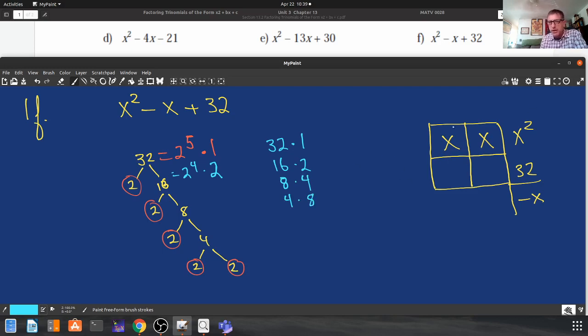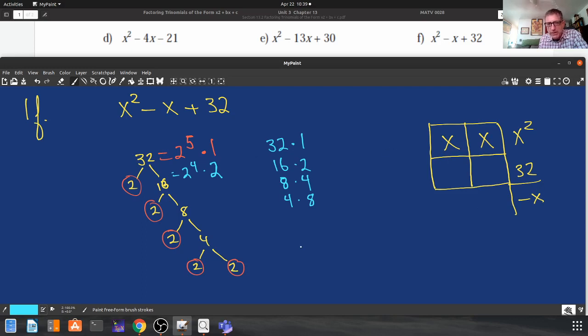So let's go back over here and let's just think. I'm going to have to multiply together two numbers, and the result is going to be positive. But when I add them together, the final result is going to be negative.